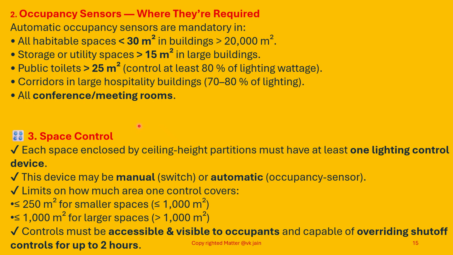Third, space control. Each space enclosed by ceiling height partitions must have at least one lighting control device. This device may be a manual switch or automatic occupancy sensor.